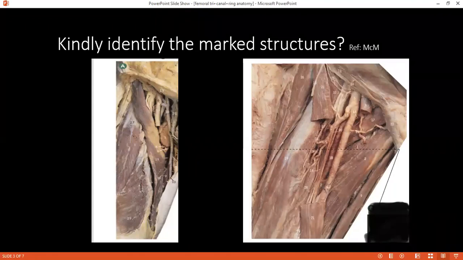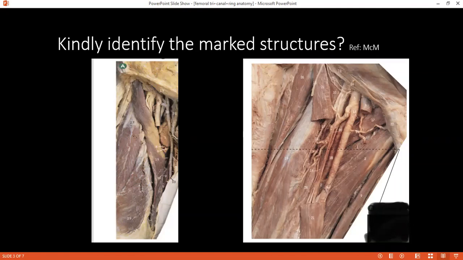So that's number 13, the inguinal ligament. The superior border, yes, that is 13. Okay.